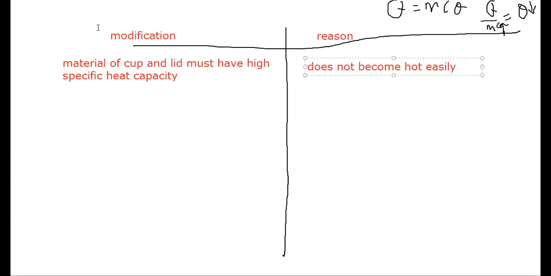Okay, next. Still under the characteristic of the material of the cup. They say characteristic of the material, so you don't need to name the material, you just say what characteristics you want.